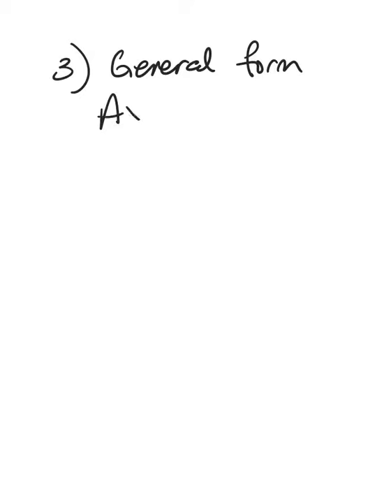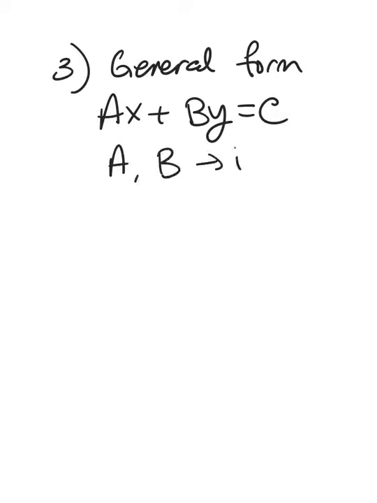And the third type of line is the general form, where it's ax plus by equals c, where the thing that you have to realize is that a and b have to be integers. That means they cannot be decimals, they cannot be fractions, things like that.